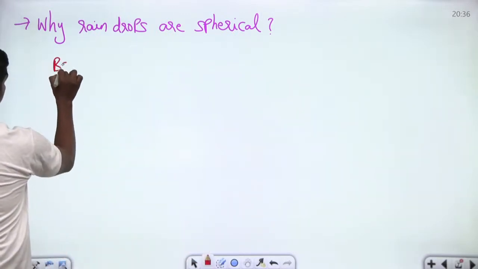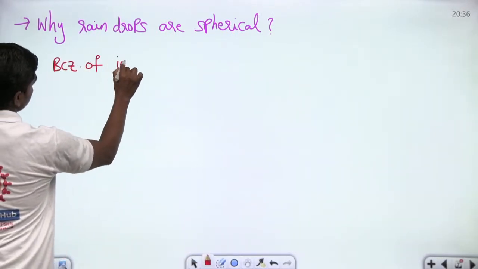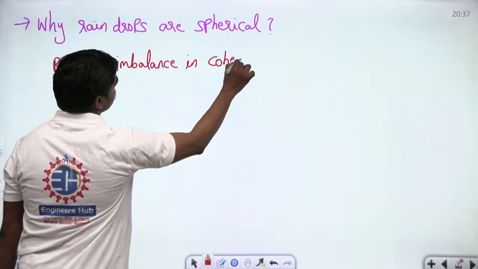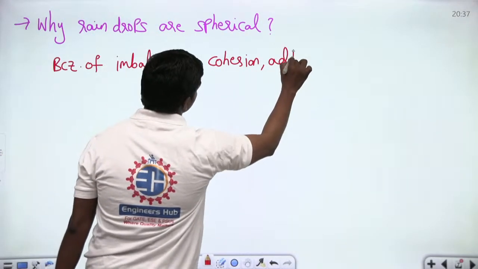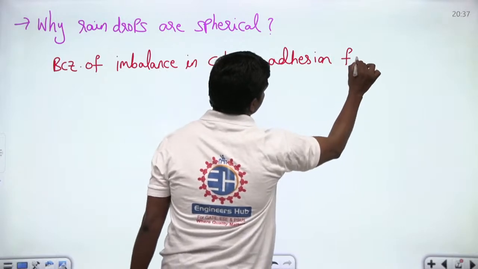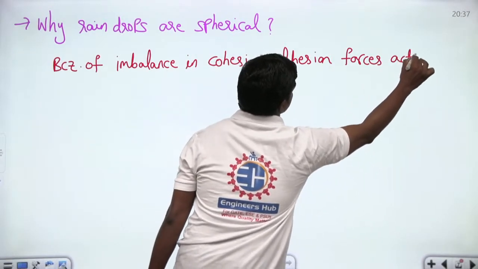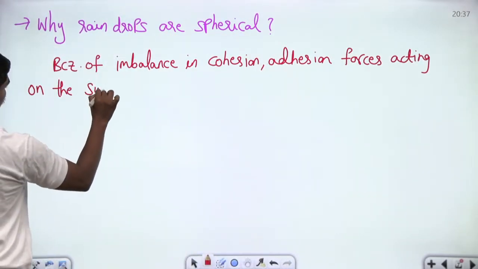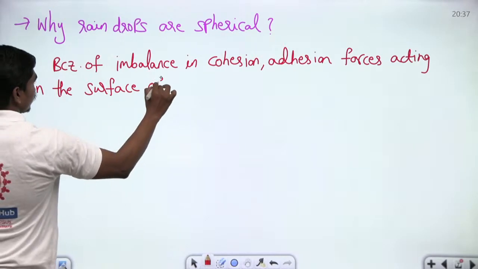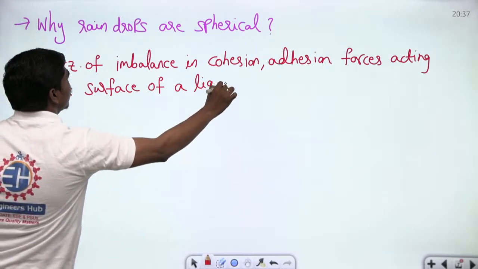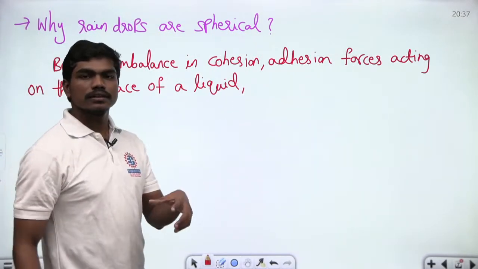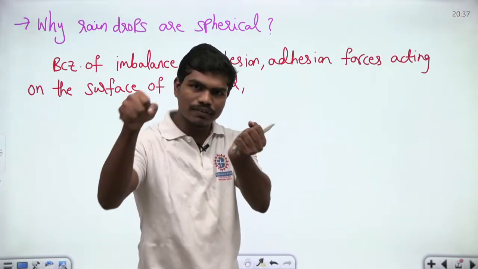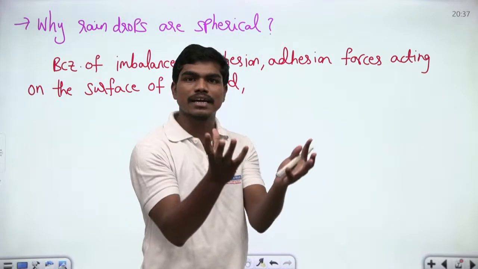Because of the imbalance in cohesion and adhesion forces acting on the surface of a liquid, the external surface gets stretched, and this stretching happens locally at every location of the surface, and finally they end up forming a sphere.